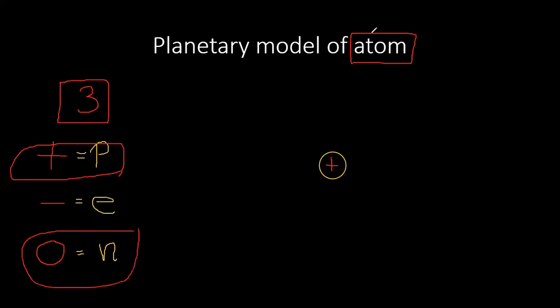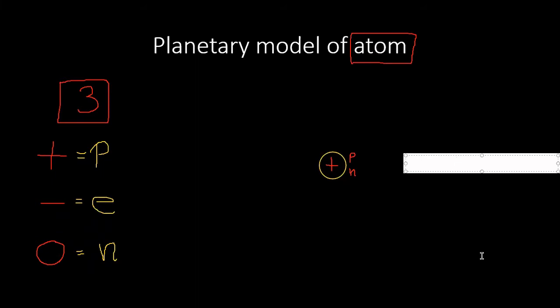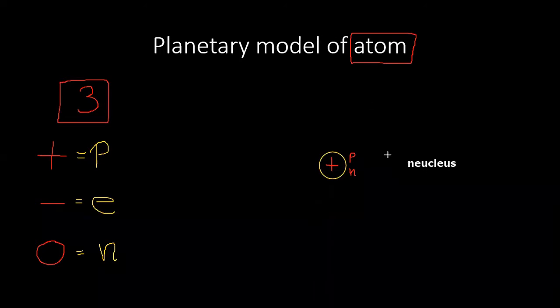So we can see protons and neutrons inside this small area in the middle of the atom. We call this small area the nucleus of the atom. So this is the nucleus. Inside the nucleus, protons and neutrons are there.